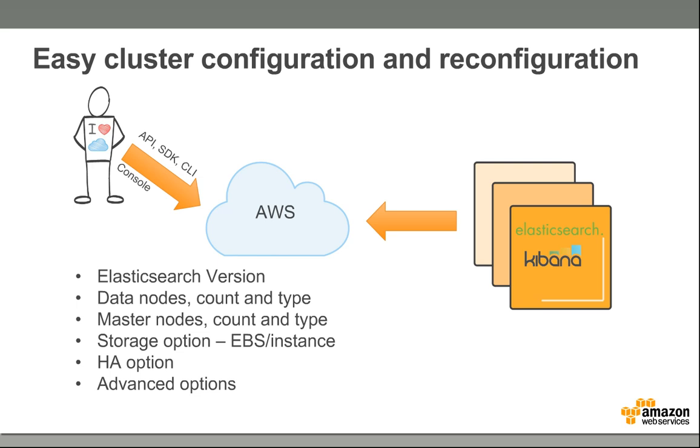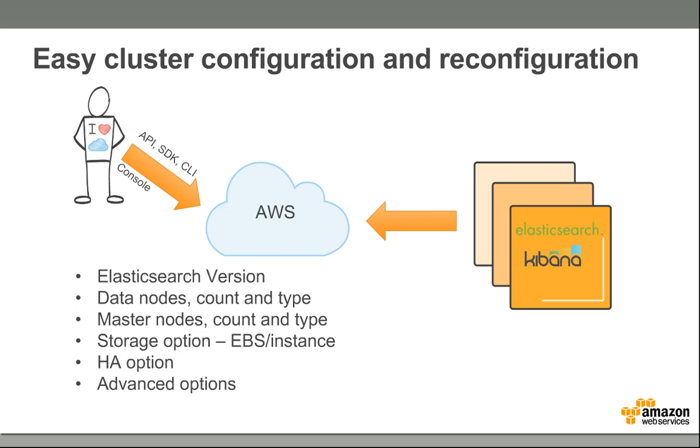And indeed, you can then, with a single call, change the configuration of that cluster, so that all of these parameters here, well, sorry, not the version, but the data node count or the master node count, storage options, instance types. With a single call, you can say, hey, I'm running on 3 M3 mediums with instance storage.